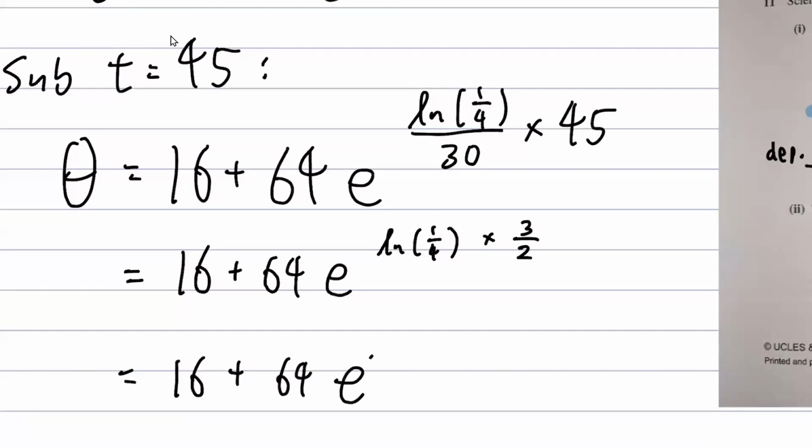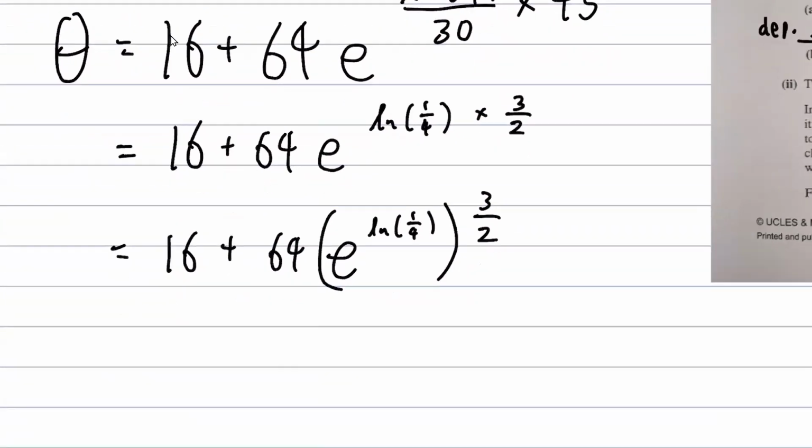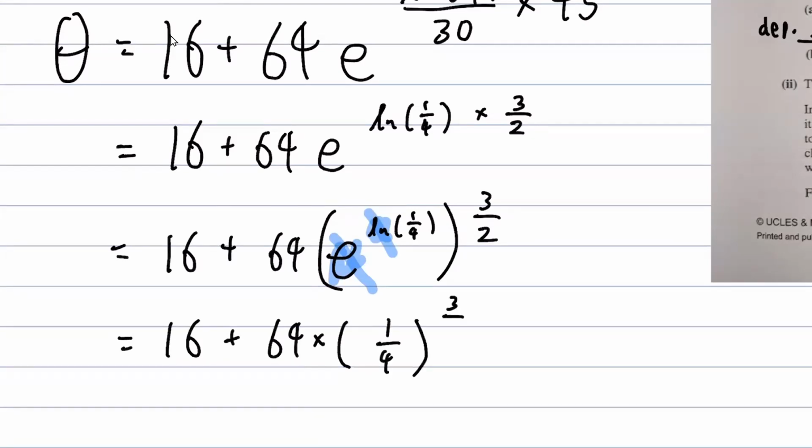Times e to the ln of 1/4, bracket 3 over 2. So this times 3 over 2 means this entire thing is raised to the power of 3 over 2. But look within the brackets, what do you see? e and ln. What happens? Cancel out. You're left with 16 plus 64 multiplied by just 1/4 to the power of 3 over 2.